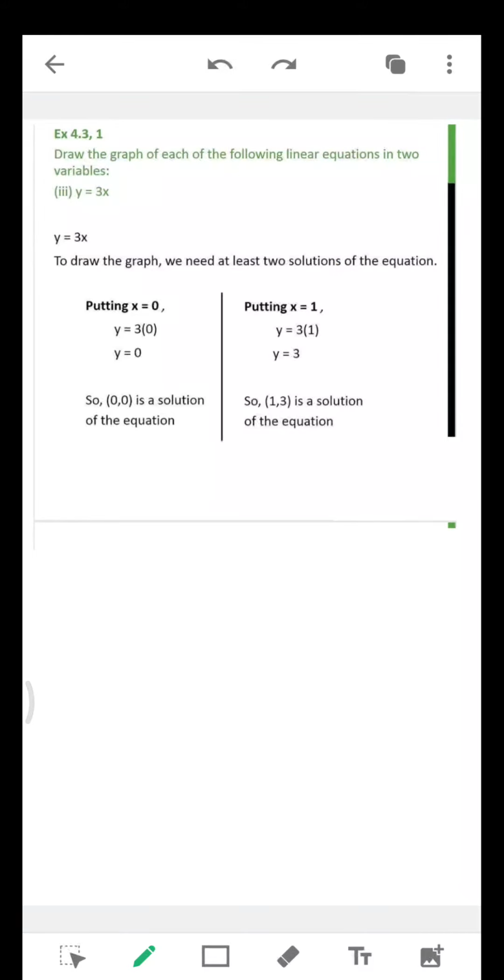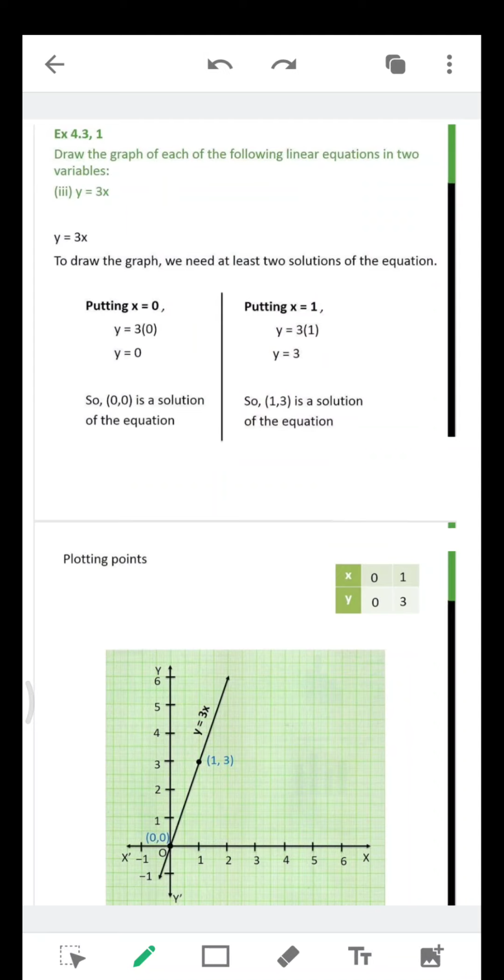So now after finding these 2 solutions, again I'll plot it on the graph in this manner. First solution is 0, 0. Okay, so that 0, 0 comes here, that is called origin.